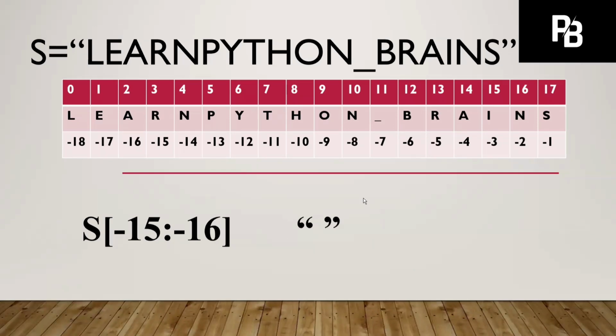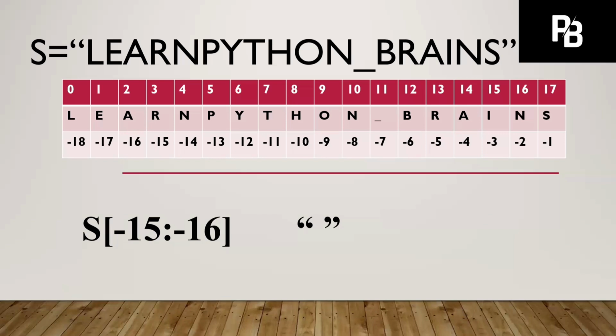Now let's check another statement: s[-15:-16]. My start value is -15 and my ending value is -16. You can see this is -15 and this is -16, so from -15 to -16 is a backward direction. I move in the backward direction according to these values. But the step value is not given, so by default it is 1, a positive number.